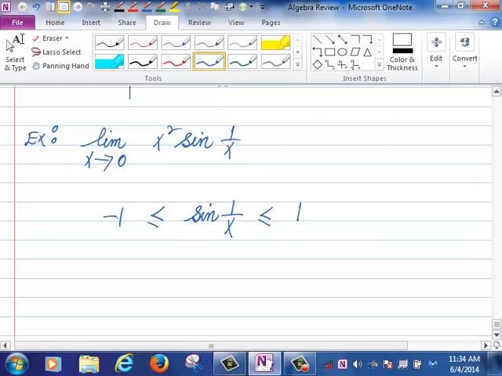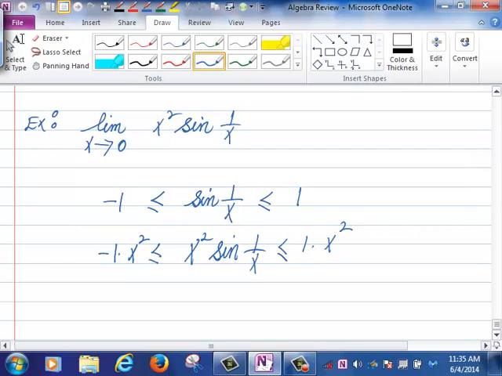Now I'm going to multiply everything by x squared. So this would be -1 times x squared is less than or equal to x squared multiplied by sine 1 over x, which is less than or equal to 1 times x squared. So what happened then? Our function is between negative x squared and positive x squared, right?